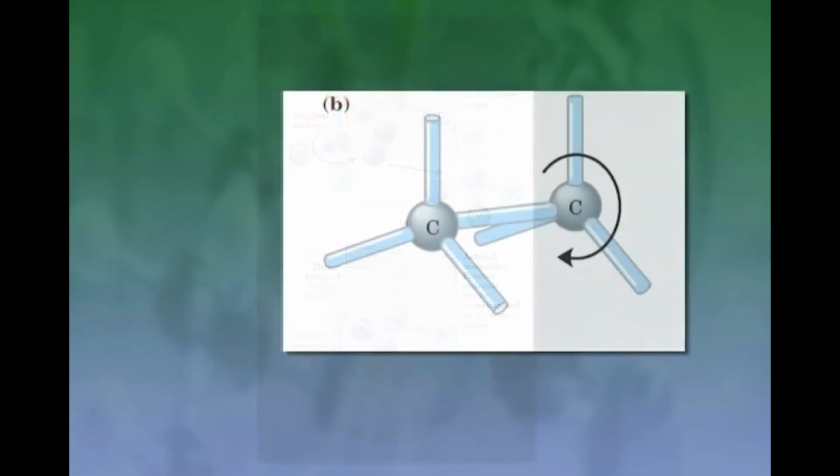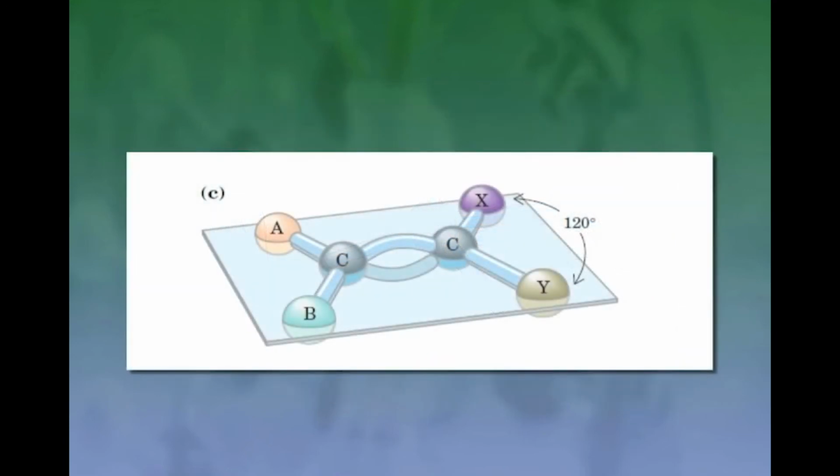If it is a single bond, as the black arrow indicates in section B, it has more flexibility around the bond. If it is a double bond, as in section C, the flexibility is limited and it makes the carbon-carbon bond more rigid. These are mirror images of the tetrahedral carbon atoms.